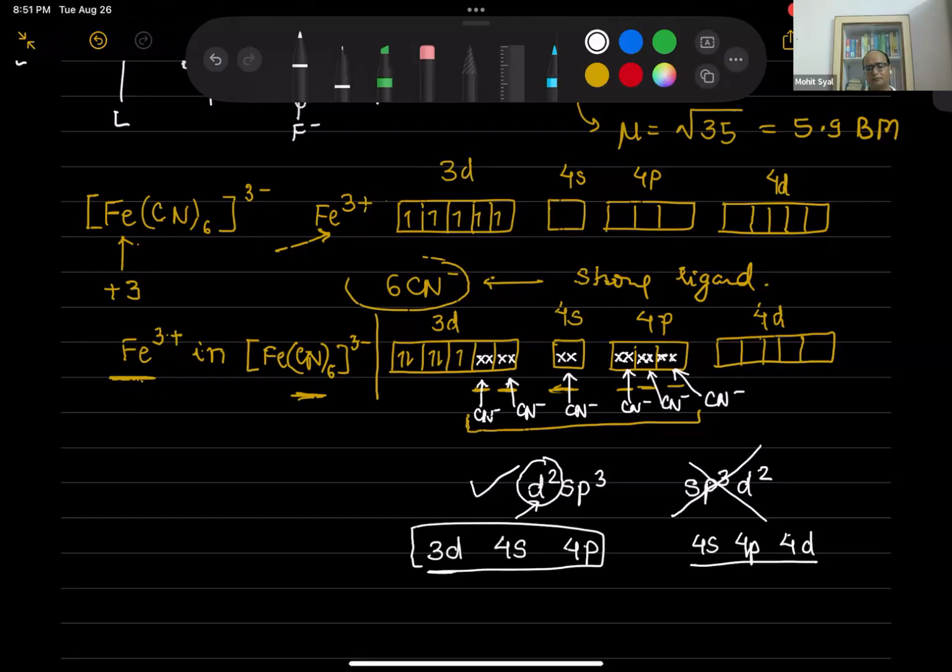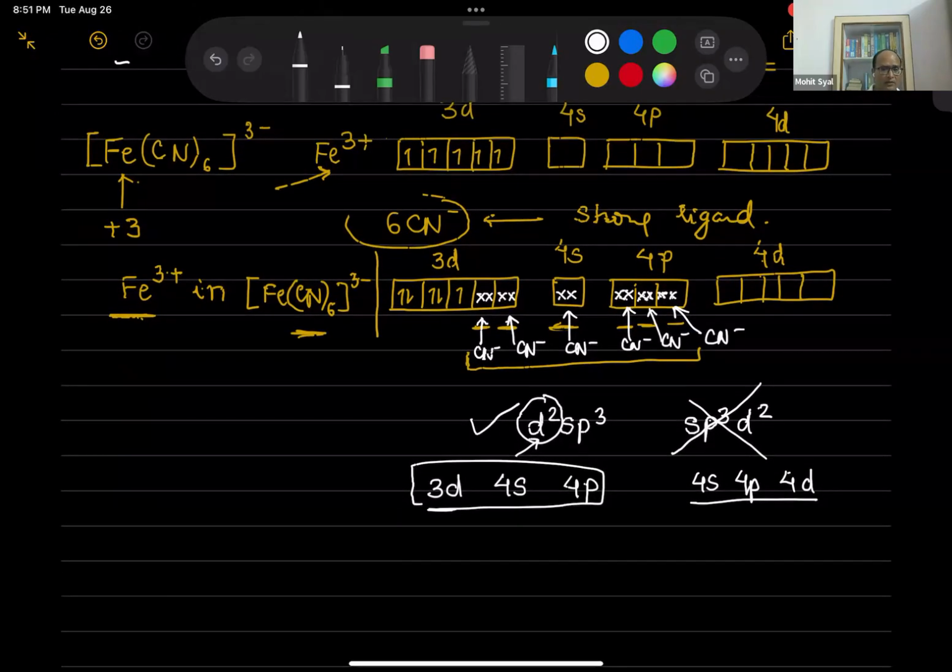Got it? The shape is going to remain the same. It is going to be an octahedral complex. There are 6 cyanide ligands around the iron.